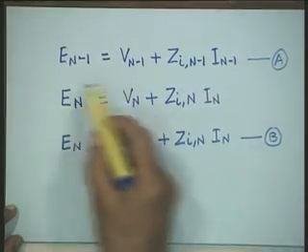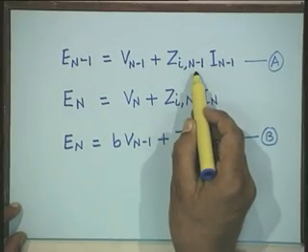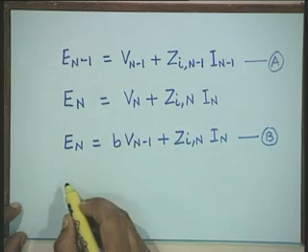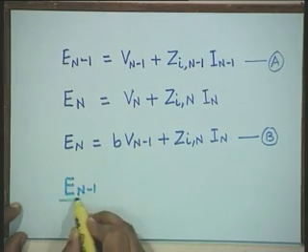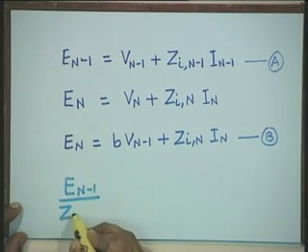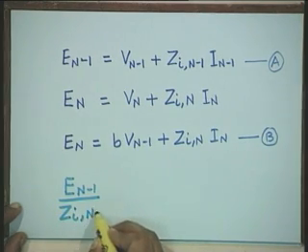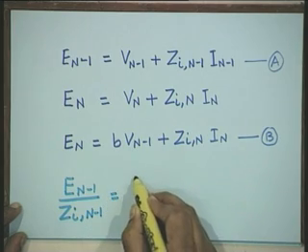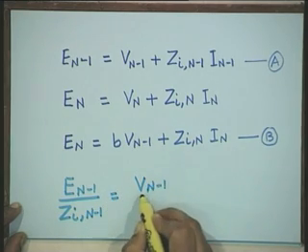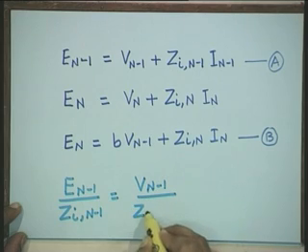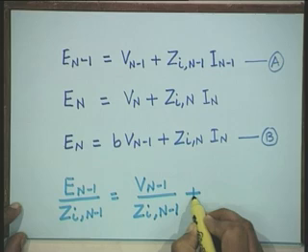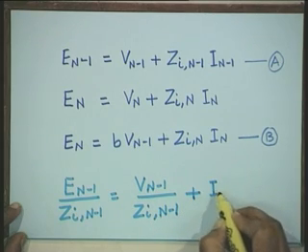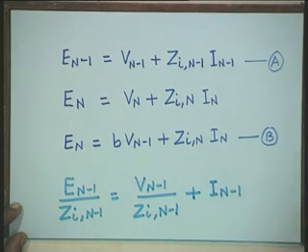You divide this equation A by Z I n minus 1 all through. So, you can write down now E n minus 1 divided by Z I n minus 1 equal to V n minus 1 divided by Z I n minus 1 plus I of n minus 1.